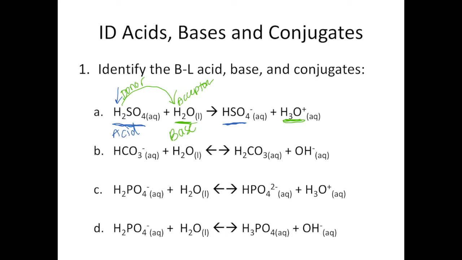Remember, every acid has a conjugate base and every base has a conjugate acid. So HSO4 minus is the conjugate base and H3O plus is the conjugate acid of my base. Because if we go in this direction, now my proton's going that way. So we get acid, base, conjugate base, conjugate acid.